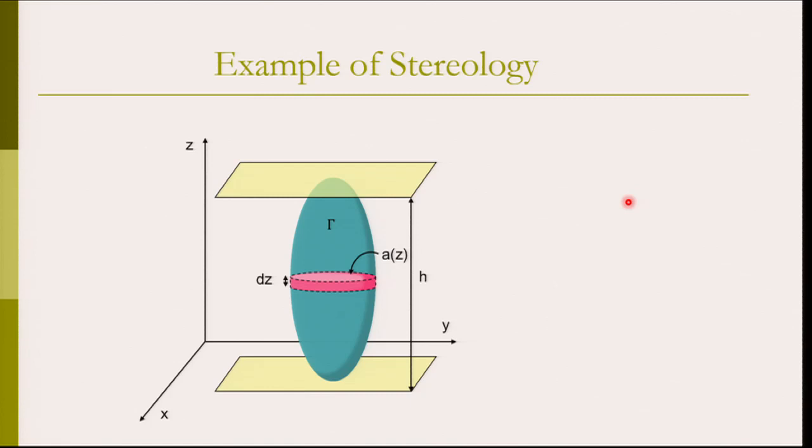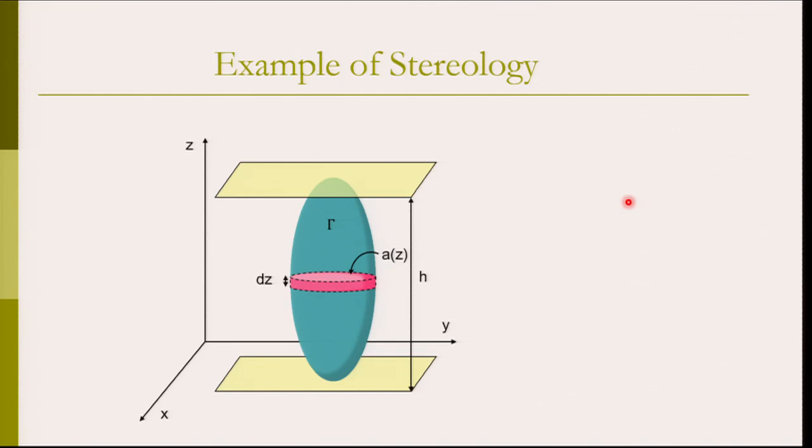If you look at the left hand side, you will find a figure that shows an ellipsoid confined between two planes, as you can see here. This ellipsoid has a height h, and it is present in a three dimensional coordinate system x, y, z.